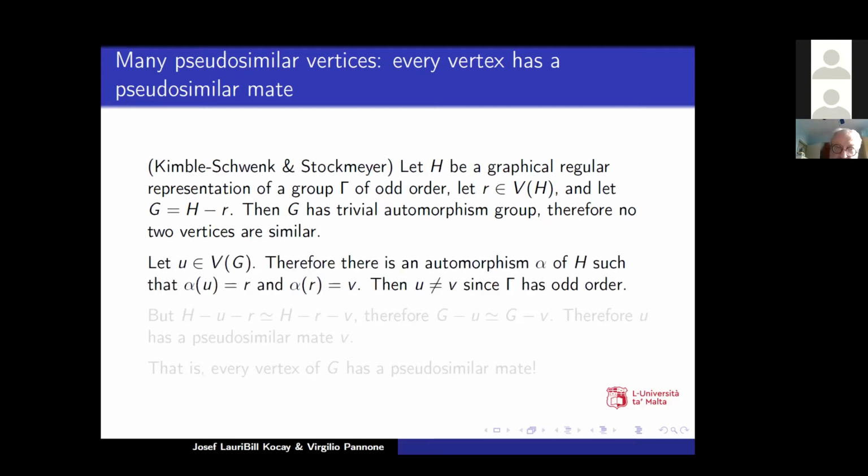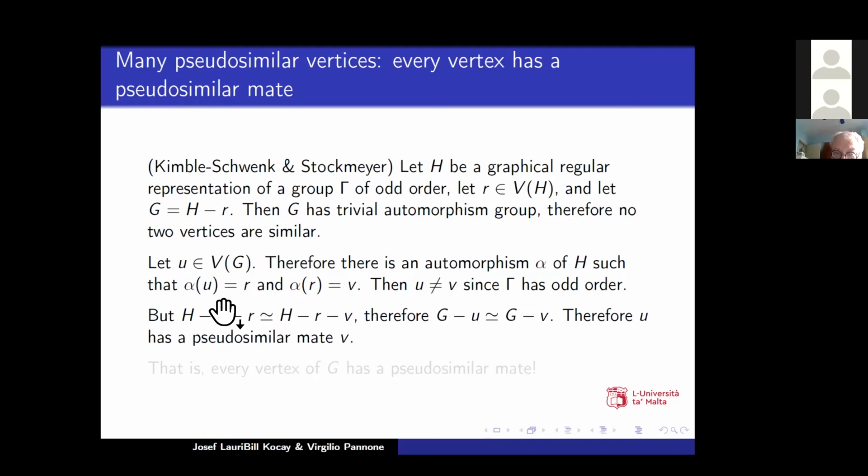Okay, that's point one. But now, let U be in VG. Therefore, in H, there is an automorphism alpha mapping U to R, and that automorphism continues and maps R to V. And V cannot be equal to U because alpha would have even order, and we are in a group of odd order. But then H minus U minus R is isomorphic to H minus R minus V. Why?